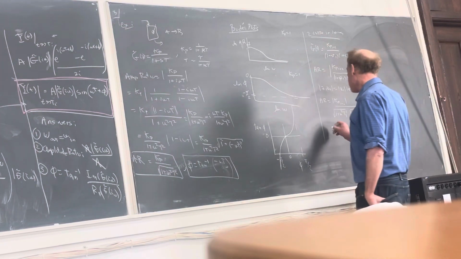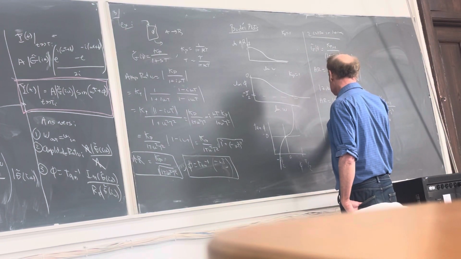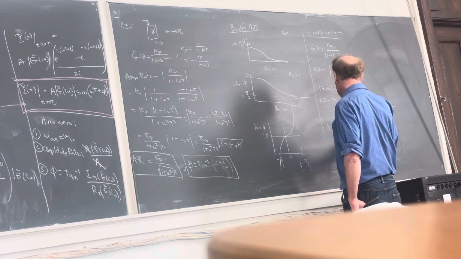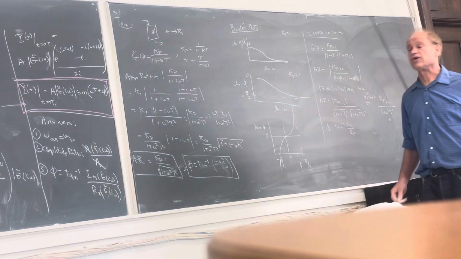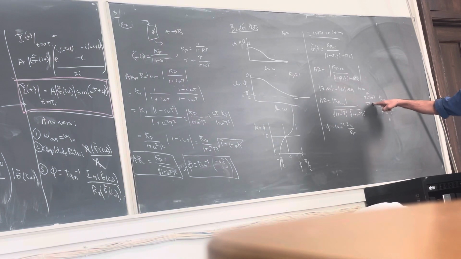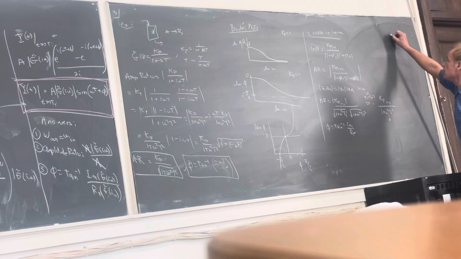And similarly, phi, which is the arctangent of the imaginary part over the real part. Well, that I have to figure out exactly what that is. So I still have to calculate the imaginary part and the real part. So why don't we do that for the case when T1 is equal to T2?